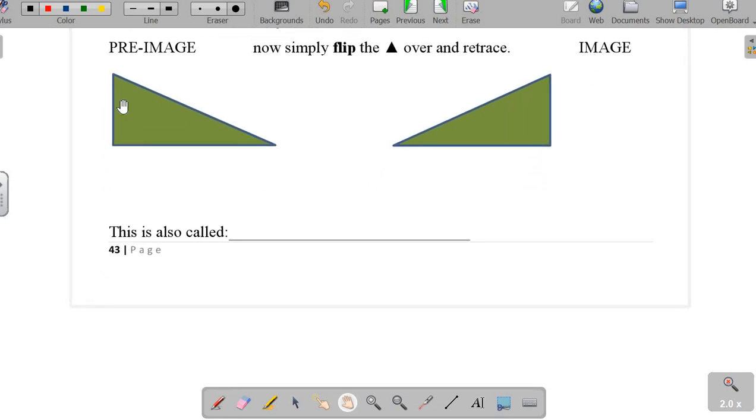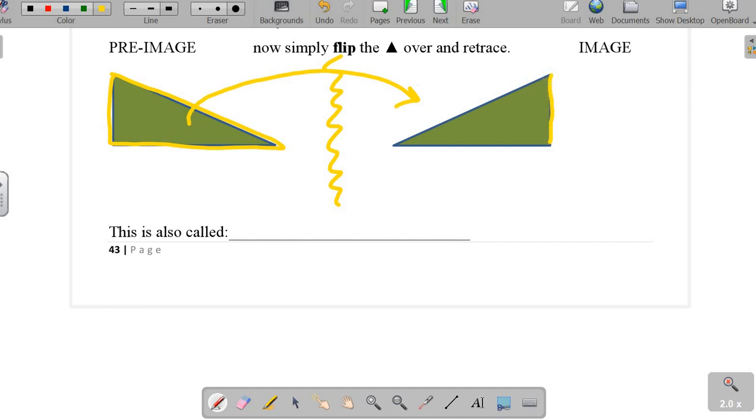Now imagine you take a triangle, and trace this triangle. Imagine a mirror being here. If you were to have a mirrored image, or you were to flip that triangle completely over something, that would be a mirrored image, a flip mirror.